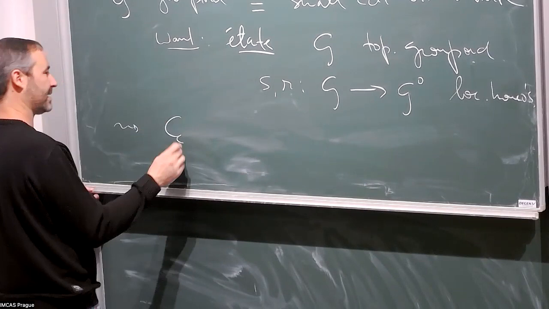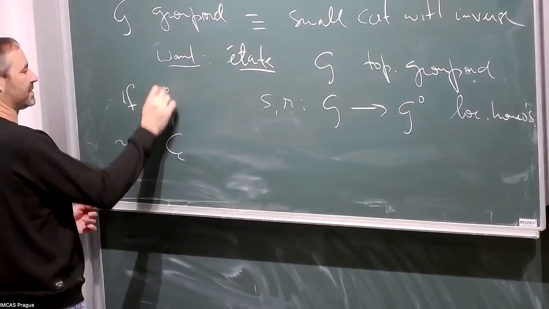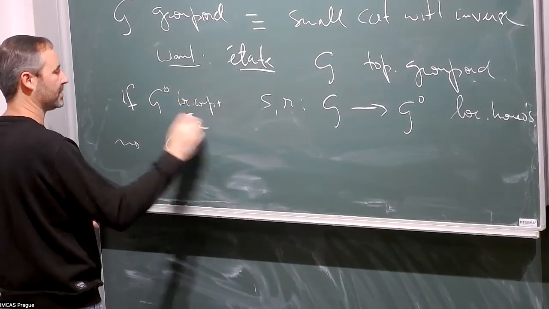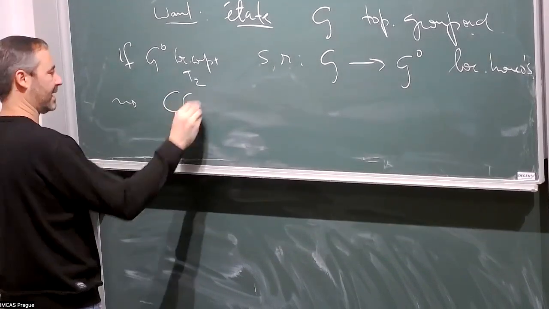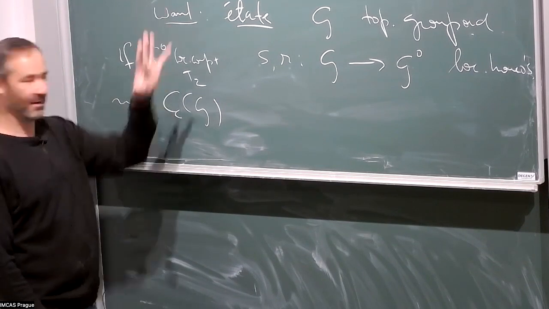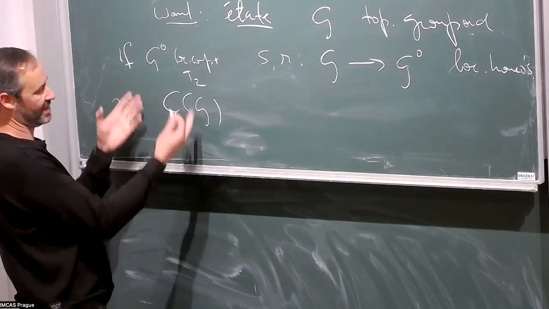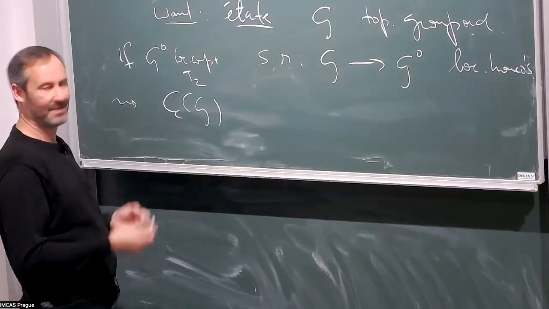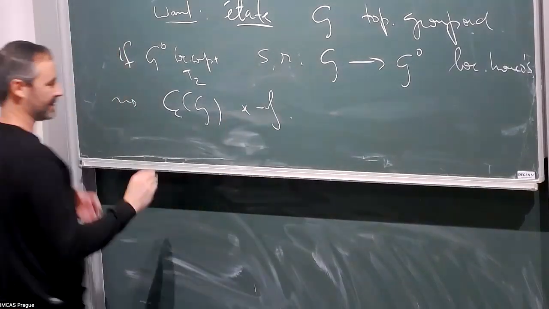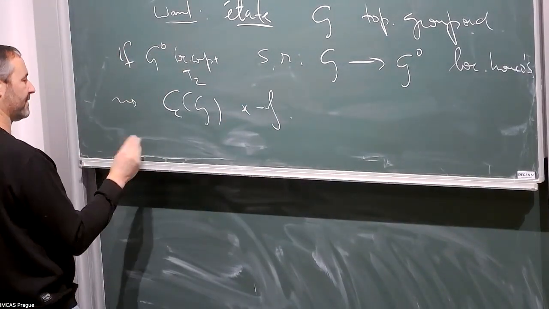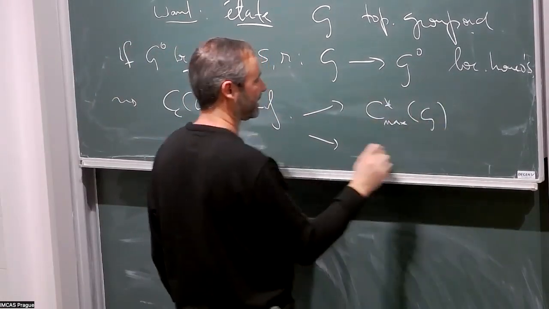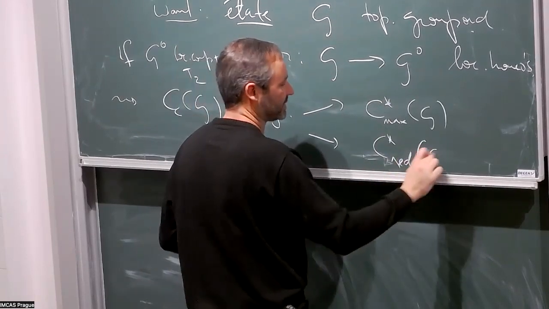We always assume that G^0 is a nice space, locally compact Hausdorff. One can define the compactly supported continuous functions, and this is again a star algebra. You can define a product like before, and then one can complete to the maximum and reduced C*-algebras.